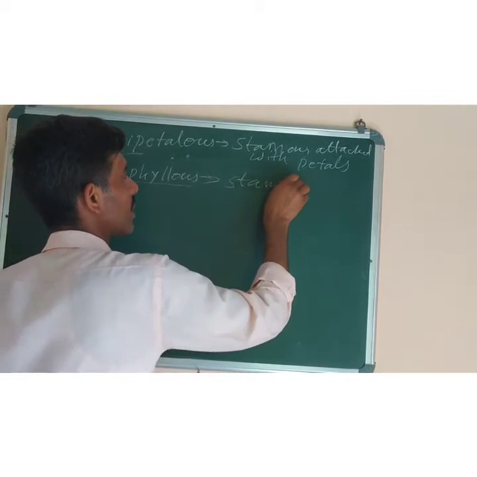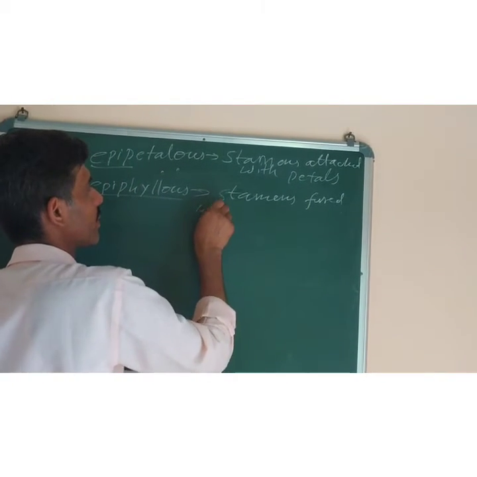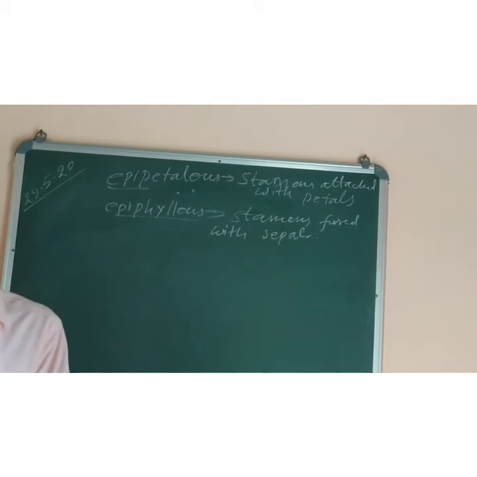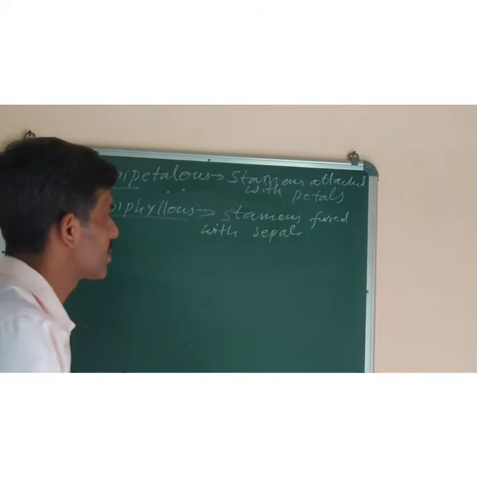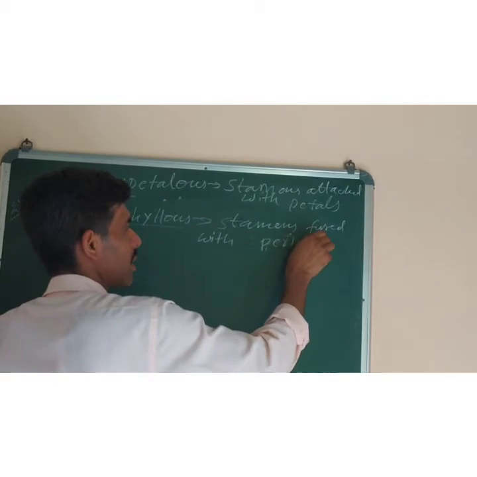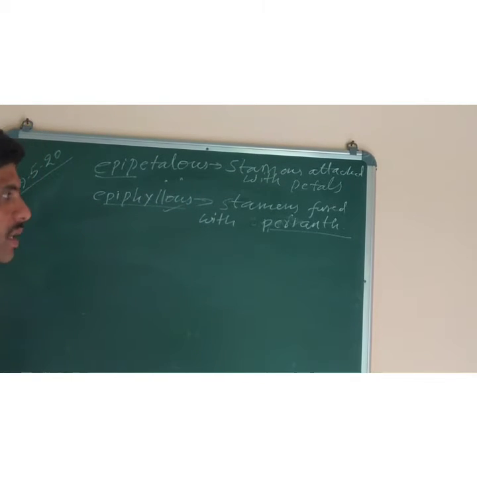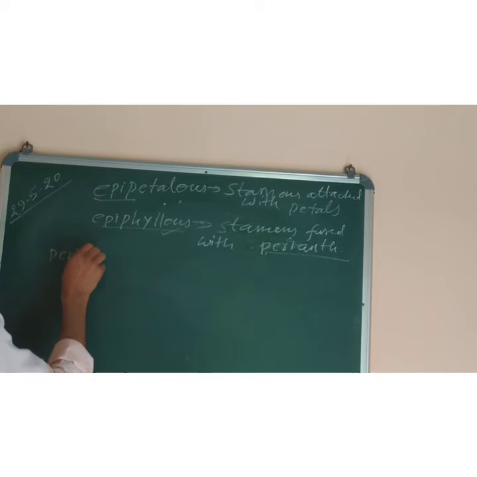When the stamens are adhering to the perianth, not sepals. Perianth, you know. Now this term I have to explain, what is perianth. Stamens fused with the perianth, it is called epiphyllous. Now you should know what is the meaning of perianth. Then only you can move ahead.